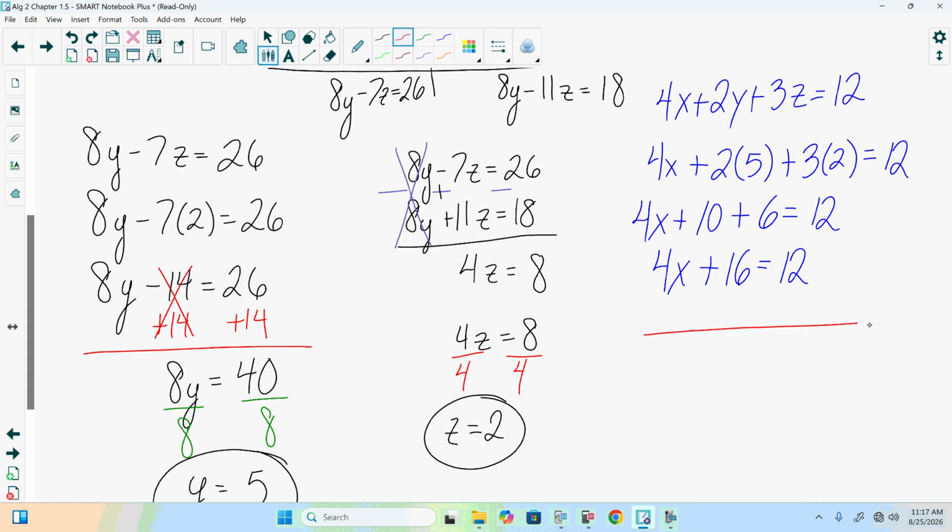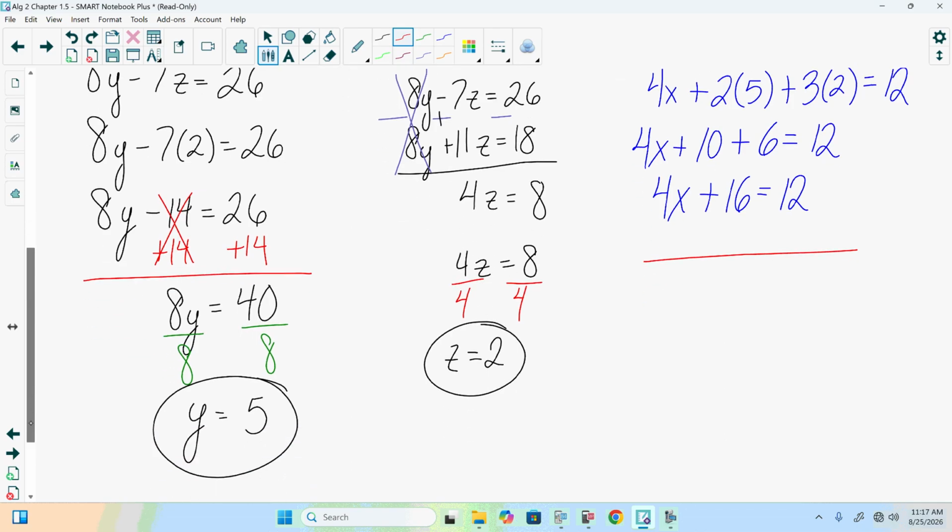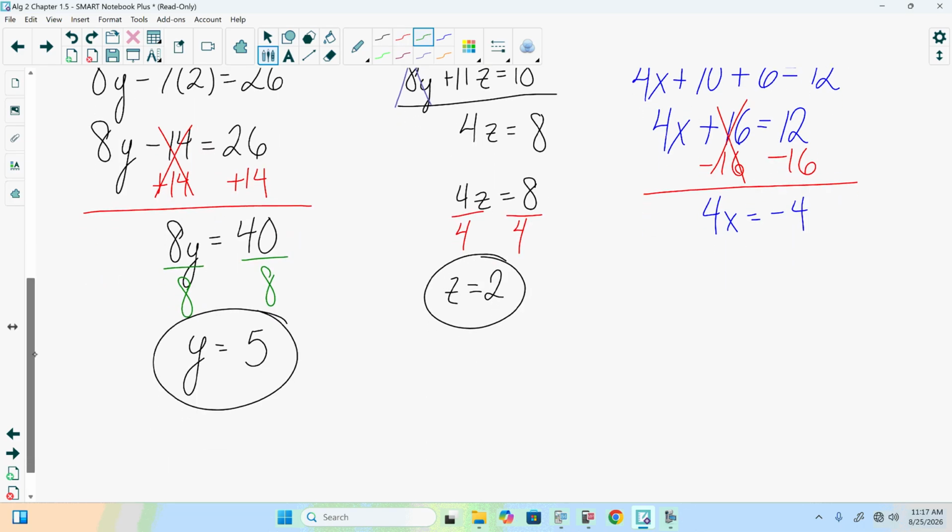Need to get x by itself first. Subtract 16 from both sides. 16 minus 16 will cancel, telling us 4x is equal to negative 4. Last but not least, we would divide by 4, telling us x is equal to negative 1.